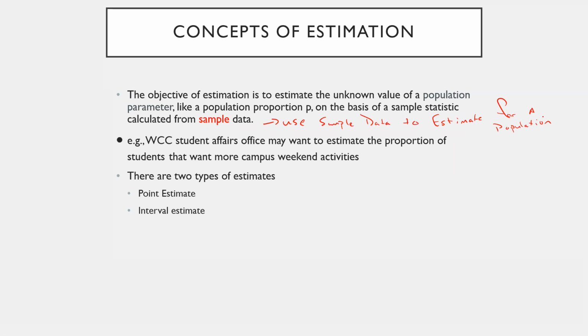But suppose the WCC Student Affairs Office wants to estimate the proportion of students that want more campus weekend activities. So they want to estimate some population parameter P, the proportion of students that want more campus weekend activities.